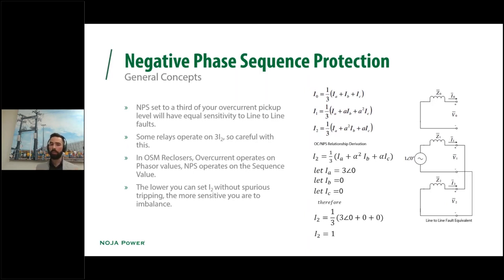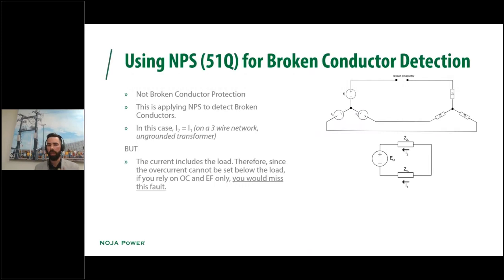Now, likewise, negative phase sequence protection could actually be used to detect broken conductors. That's not specifically broken conductor protection as defined by the ANSI 46 BC protection capability, but it really is just applying negative phase sequence to detect the broken conductors.